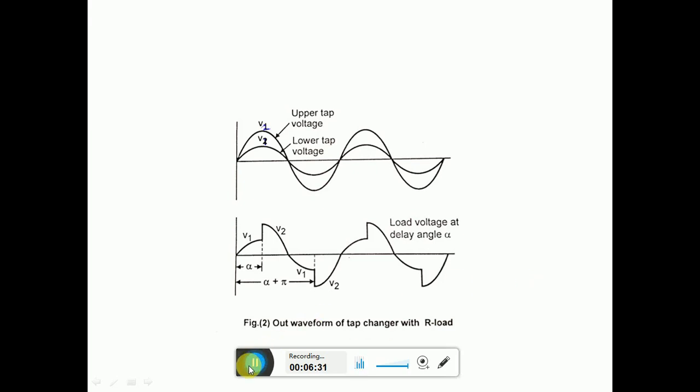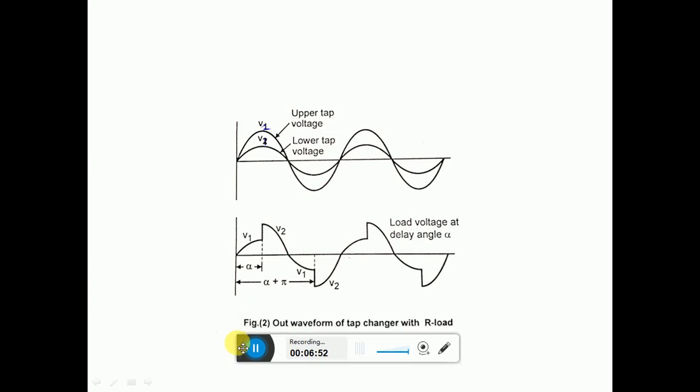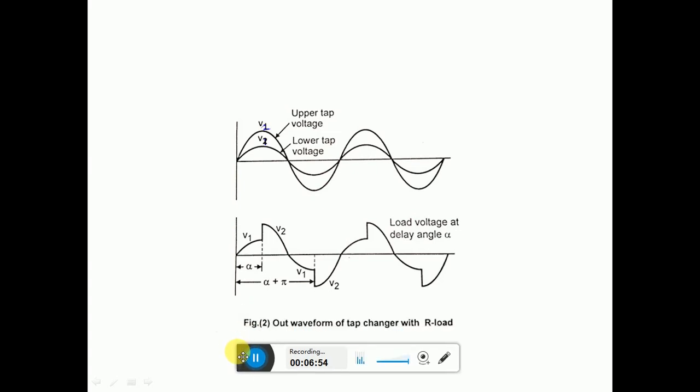So this is how, with the tap changing transformer and thyristor firing angle control, a variable voltage can be obtained to regulate the voltage as well as the phase angle. That's all for TCR, TCVR and TCPAR.